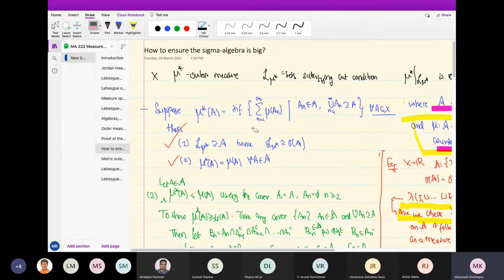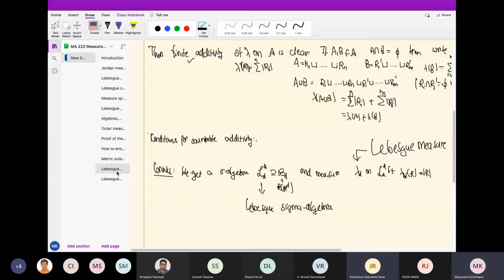Therefore, since it is a sigma algebra that contains A, it contains the sigma algebra generated by the algebra. Now, in our case, we will check countable additivity. Therefore, it will contain the sigma algebra generated by rectangles, which is the Borel sigma algebra. Is that clear?